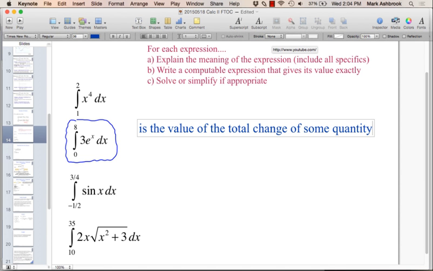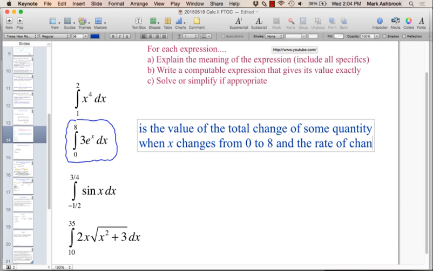Yeah, Adrian. Between 0 and 8, when x changes from 0 to 8, and the rate of change is 3e^x. Team effort.